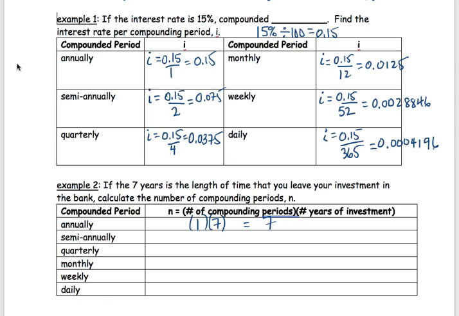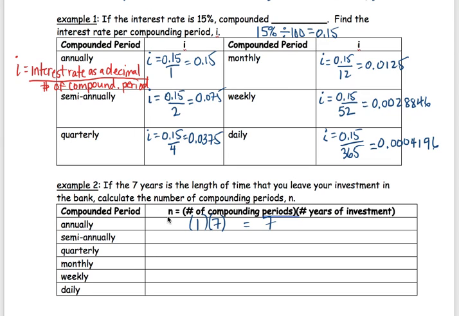I is equal to your interest rate as a decimal, divided by the number of compounding periods. That's what you were doing throughout this table. You always took your interest and divided by 2 if it's semi-annually, 4 times if quarterly, and so forth. So that's the formula that you should use when you're finding I.